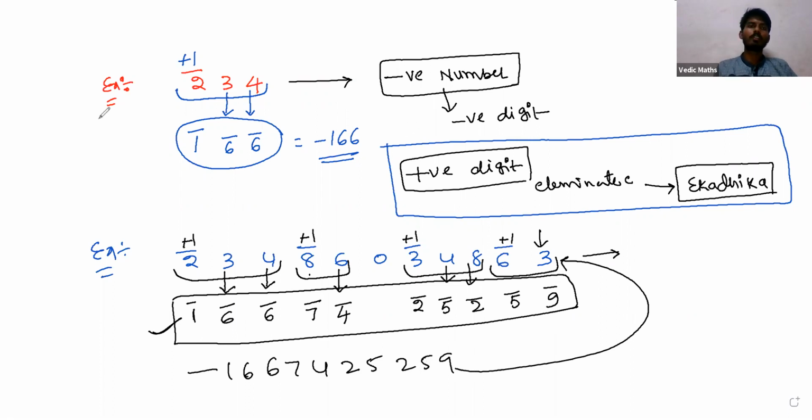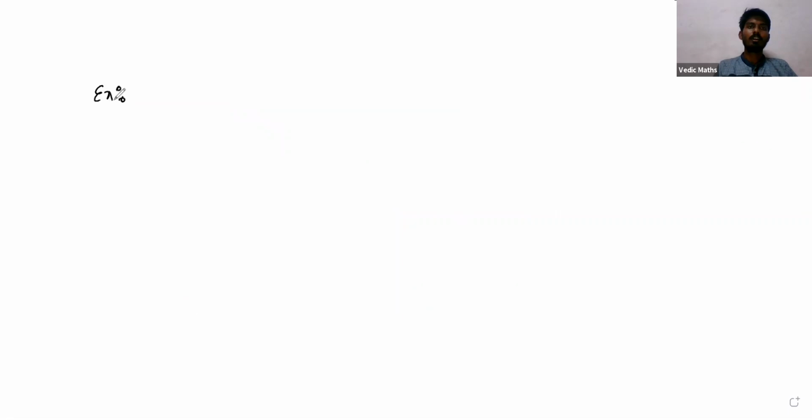Let us focus now on converting a normal number into a Vinculum number. Suppose I take 2, 8, 9. So this is a normal number, and we are converting it into Vinculum. When a normal number is given, we have to focus on the digits which are more than 5.